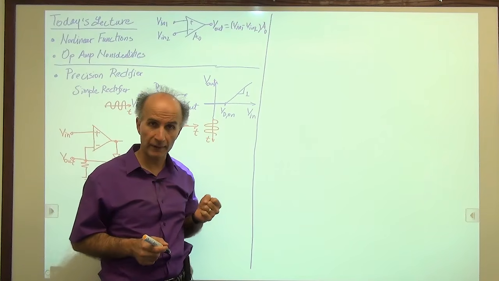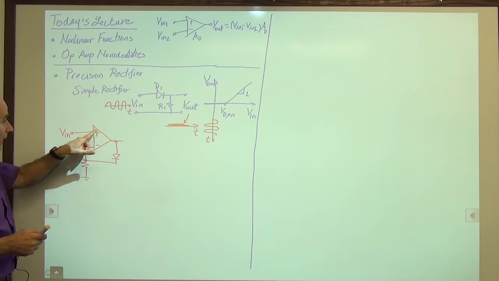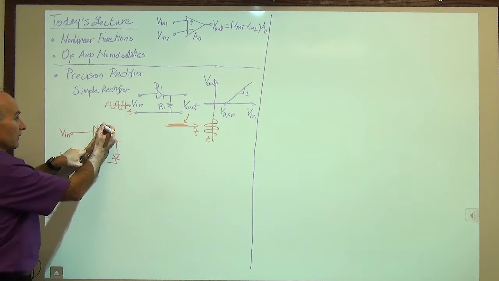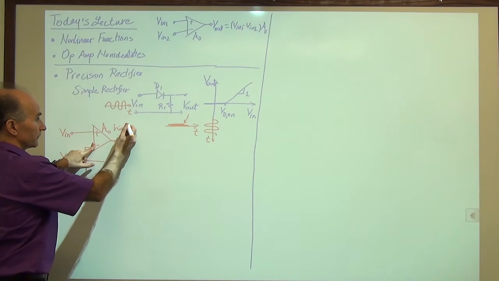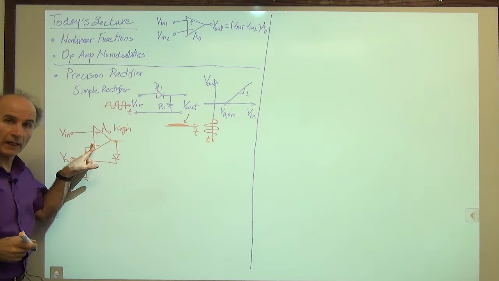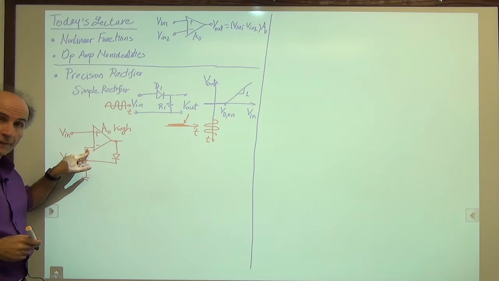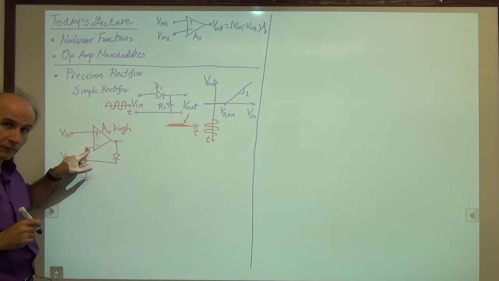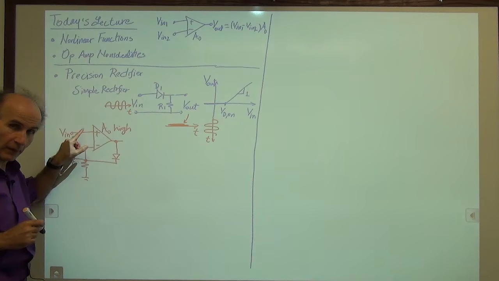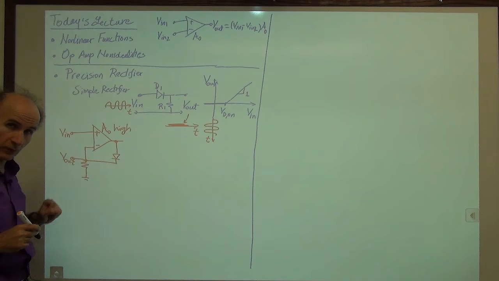We're not bothered with that. All right, so here's how it goes. If this op amp has a high gain, so let's assume that A0 is high, and the circuit is working properly, then the difference between these two should be small. All right? Okay, so that's what we need to remember. This input sort of follows this input, because these two have to have a small difference. Whatever this guy does, this one wants to do the same thing.